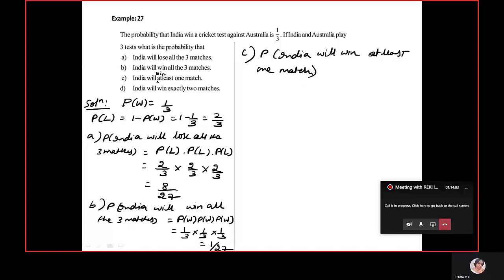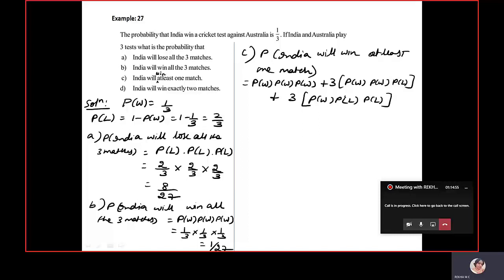So that is equal to, so it can win all the matches, or when it can win 2 matches, it is 3 into P of W, P of W, P of L. 3 into, same way, if it is one match, P of W into P of L into P of L. So I write down here once all.